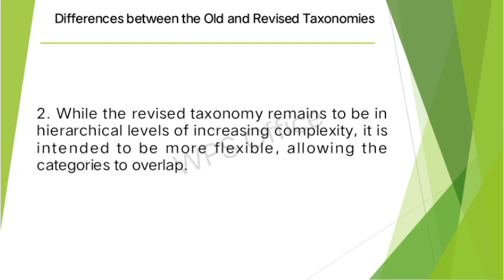So the flexibility means that the categories can overlap and each level doesn't need to be completely separate. So those activities can encompass two or more levels of thinking simultaneously. This is unlike the old taxonomy, where the divisions between levels were stricter. So, the flexibility of the revised taxonomy allows for a more realistic and nuanced assessment of a student's cognitive skills.